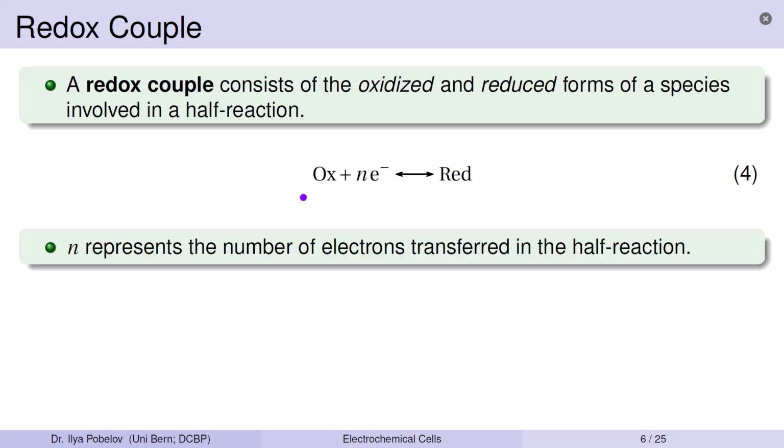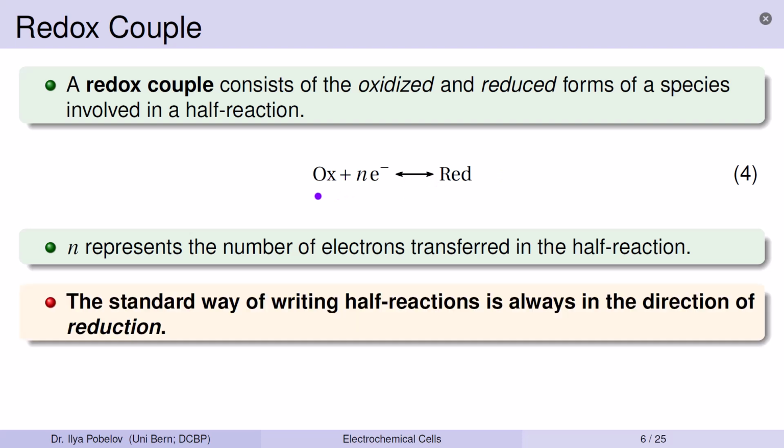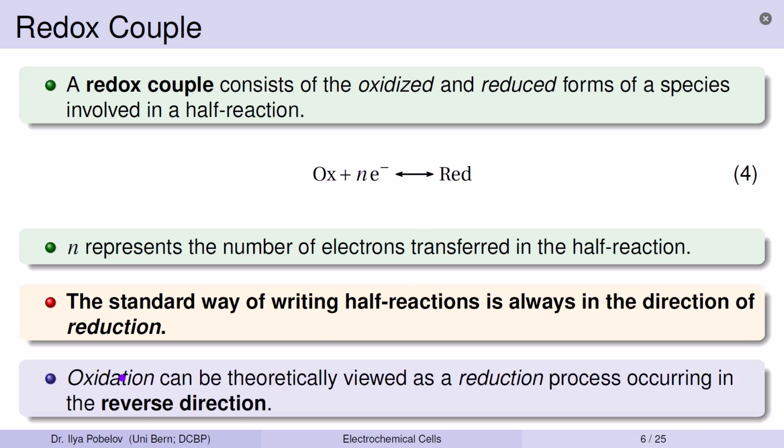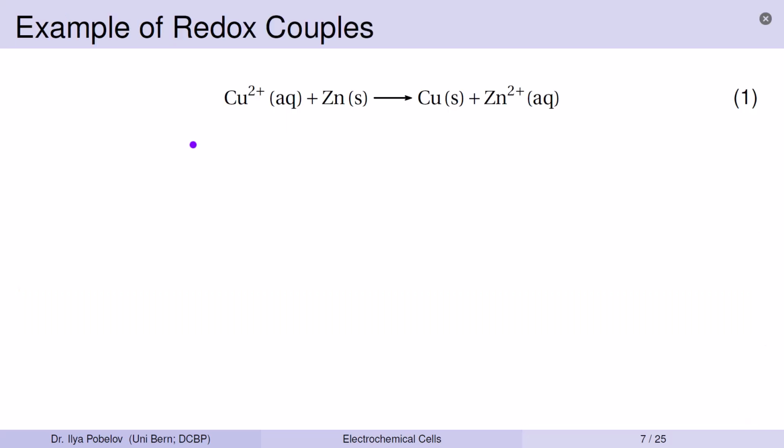In this equation, n represents the number of electrons transferred in the half reaction. It is important to note that the standard way of writing half reactions is always in the direction of reduction. Therefore, oxidation can be theoretically viewed as a reduction process occurring in the reverse direction.